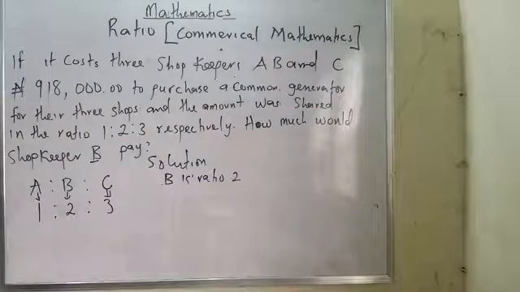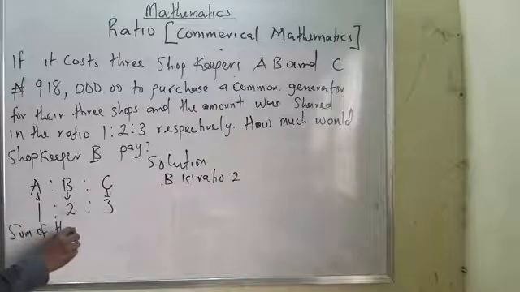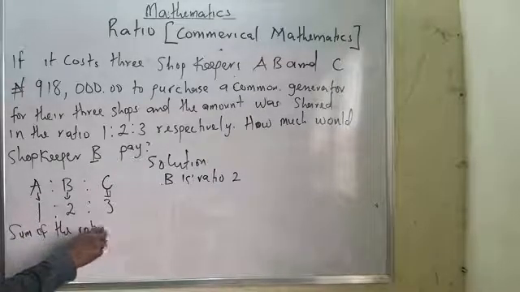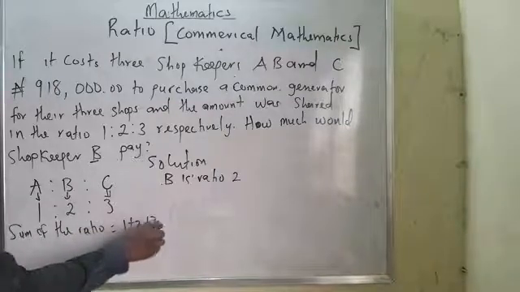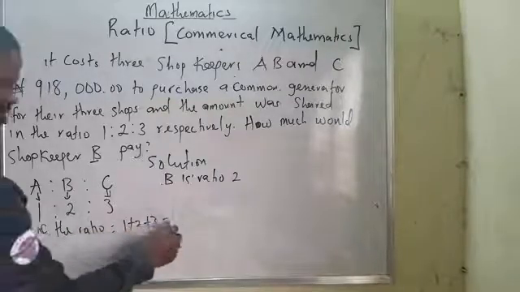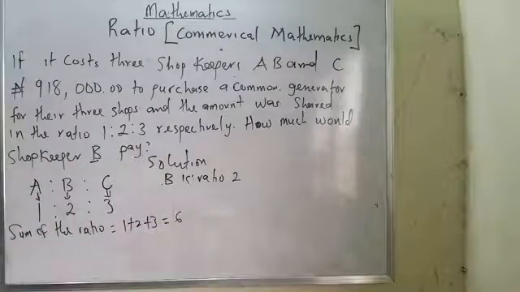Now, I will go to the sum of the ratio. That is step 1: the sum of the ratio, which is 1 plus 2 plus 3, which gives 6. That is the first thing.